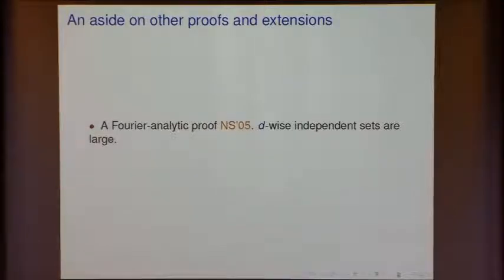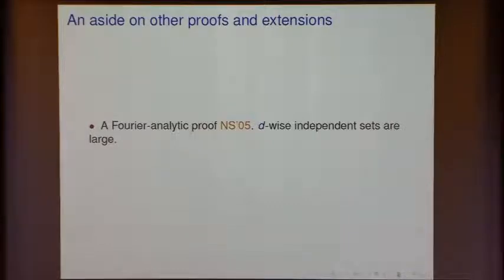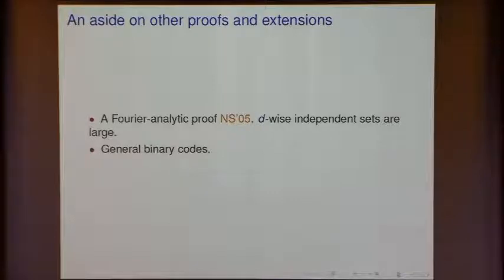And the orthogonal code is a d-wise independent set, because the distance in the code was d. But one immediately gets more, that the d-wise independent sets, which do not come necessarily from linear codes, are also large. And also by some analysis, one extends this to general binary codes, not only linear codes, because you don't need these quotient objects, right?